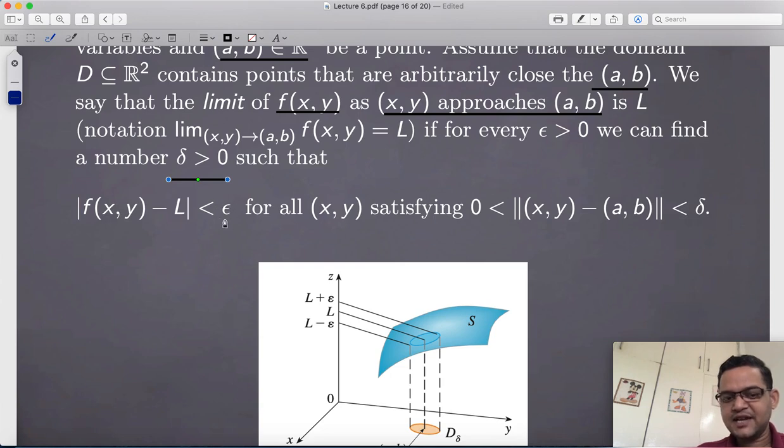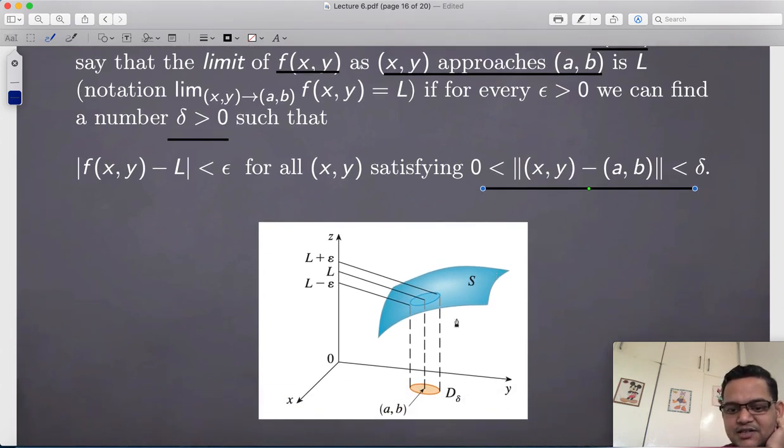I started with an epsilon, and for this epsilon, this happens in the delta neighborhood. This is the set of all points which are delta close to the point (a, b). So you are going to get something like this picture.